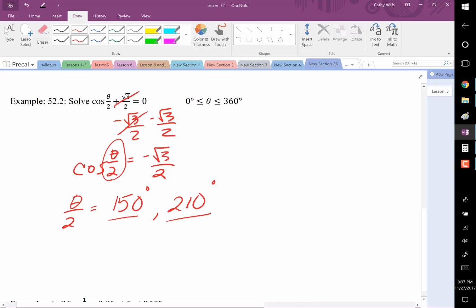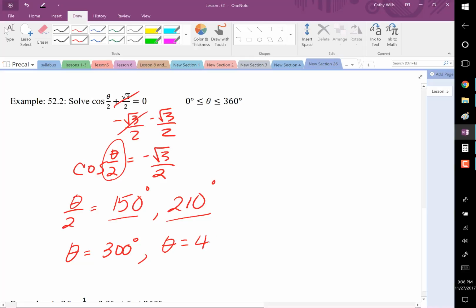All right, well, if theta over 2 is 150, then theta has to be twice as much. It has to be 300. So theta has to be 300 in order for theta over 2 to be 150, because 300 over 2 is 150. And then for theta over 2 to be 210, that means theta has to be 420.